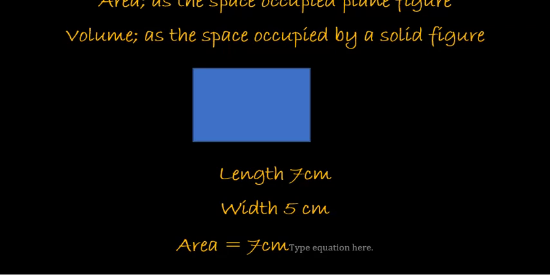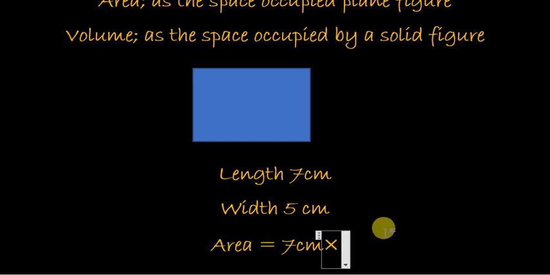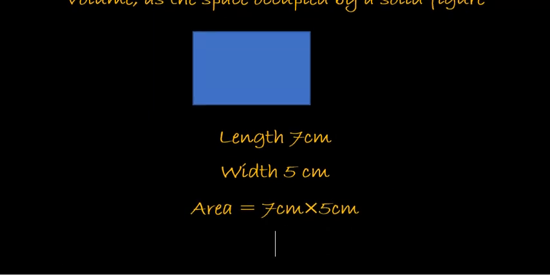So 7 centimeters times 5 centimeters. That implies that our area is 7 times 5, which gives us 35, and centimeter is present here twice, so centimeter squared.